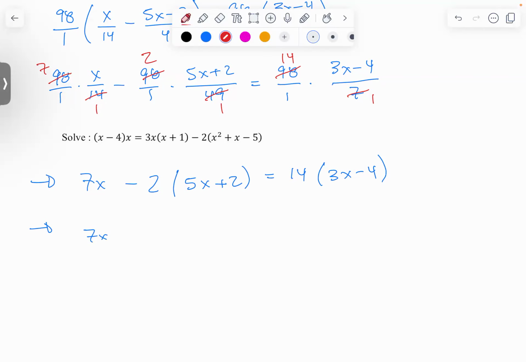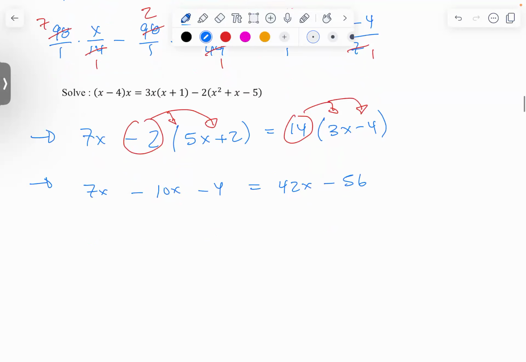That means we are rainbowing. And then simplify, again, combine like terms before I continue.